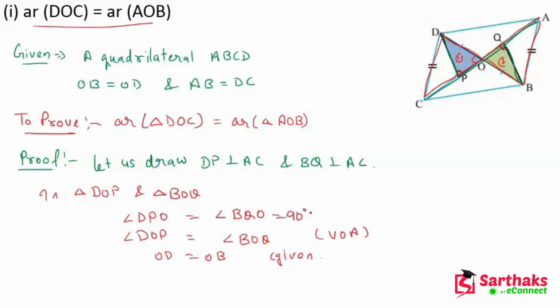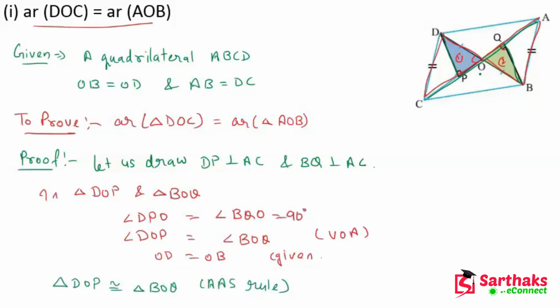So we can say that triangle DOP is congruent to triangle BOQ by the angle-angle-side rule.